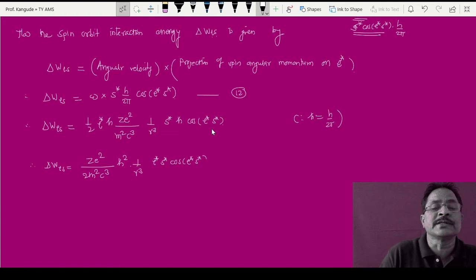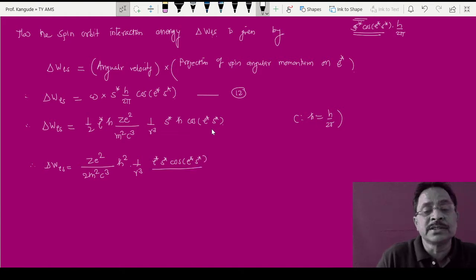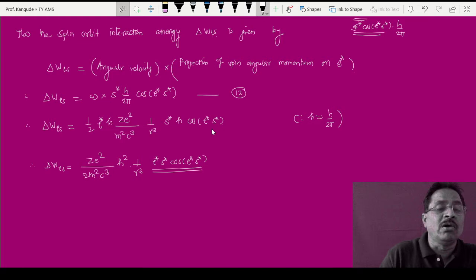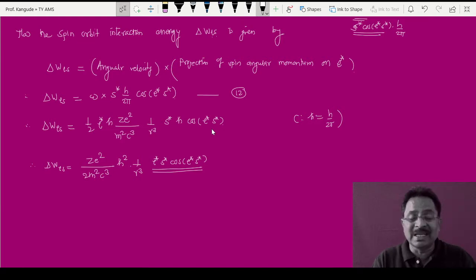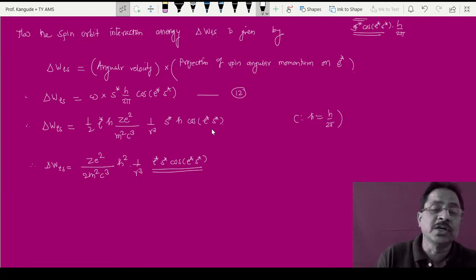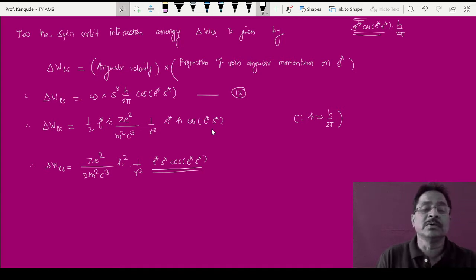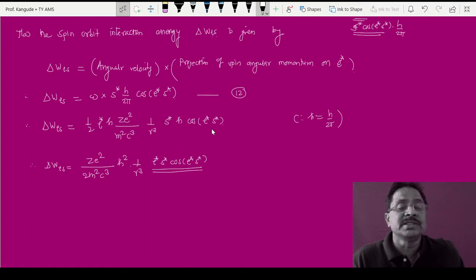Remember, we are interested in this type of terms only. All things here are not that important, we do not need to pay much attention to these, which are going to be constant numbers, like h cross, mass of electron, speed of light, r is the distance of the electron from the nucleus, Ze is the charge contained by the nucleus, and all these things are found to be constant.